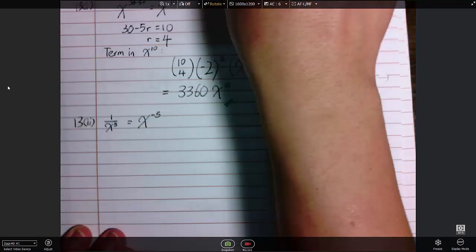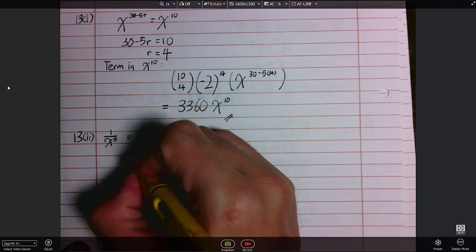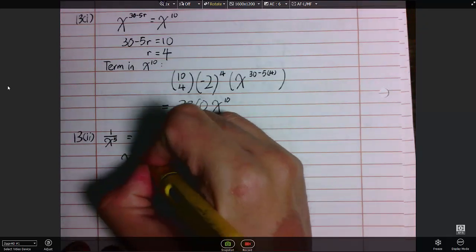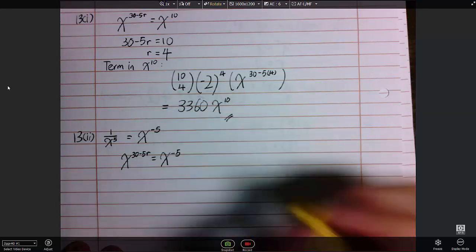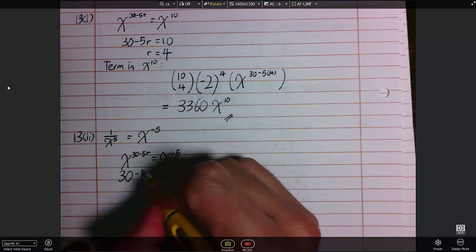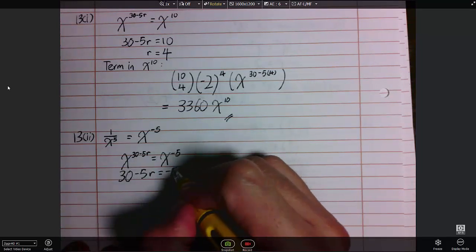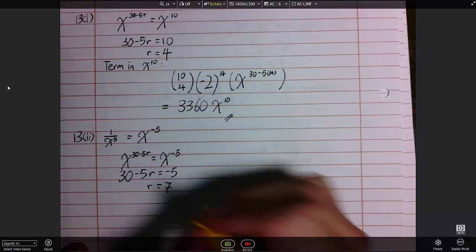Because I'm going to do something similar to what we did above. I write x to the power of 30 minus 5r equals x to the power of negative 5. Then I compare coefficients: 30 minus 5r equals negative 5. You solve for r, and r equals 7.